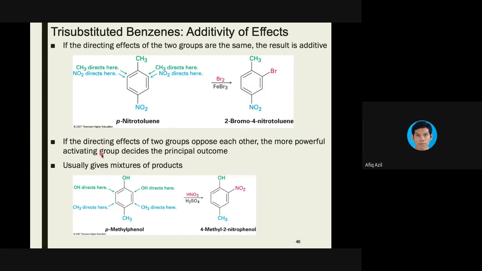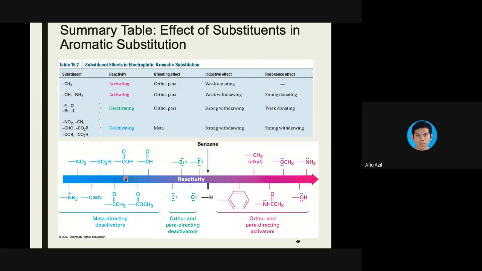But if the directing effects of two groups oppose each other, meaning that one is pointing towards this carbon while the other is this carbon, the more powerful activating group decides the principal outcome. For example, if you have OH and CH3. So this is OH and this is CH3. Both are ortho-para directing activators.